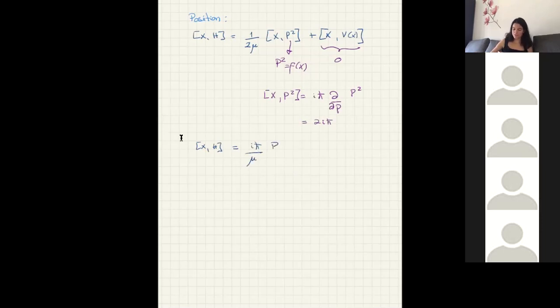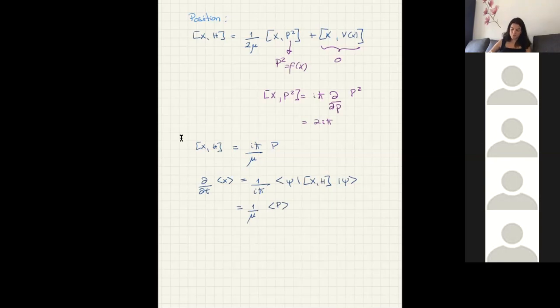And now if we plug it into the evolution, the evolution of the average position x is 1 over i h bar times psi with that commutator applied to psi, which is now just 1 over mu, like the mass, times the average of p.